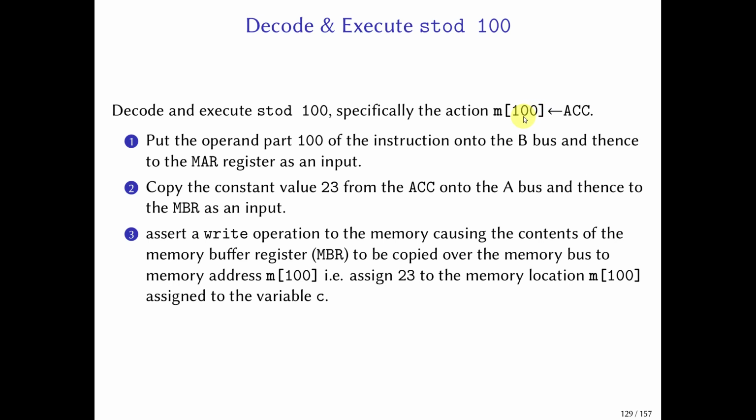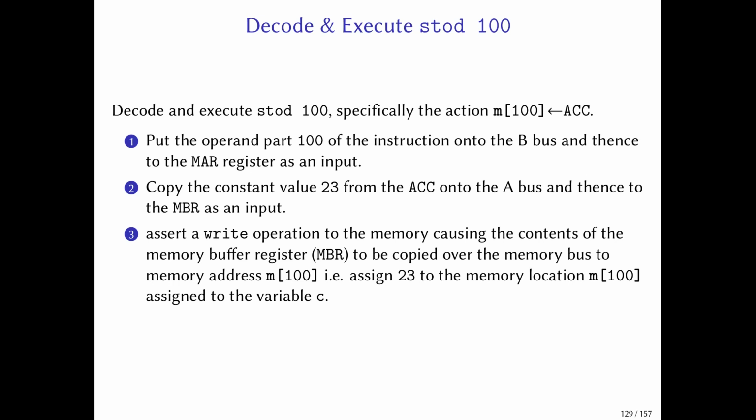So this is effectively the equivalent of us assigning the value 23, which resulted from the addition of 10 and 13, which are the values of A and B. Remember that that addition took place with the last machine code instruction that was fetched, decoded and executed. That was the add machine code instruction.